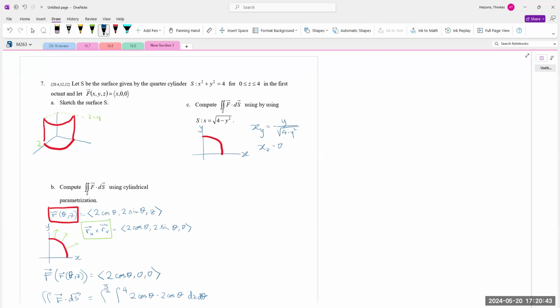I'm sorry. So the surface is normal to this normal vector here: 1, y over square root of 4 minus y squared, comma 0.